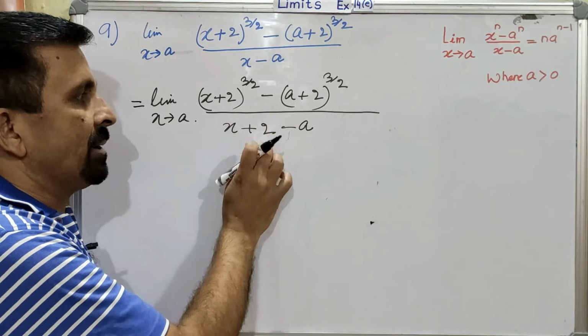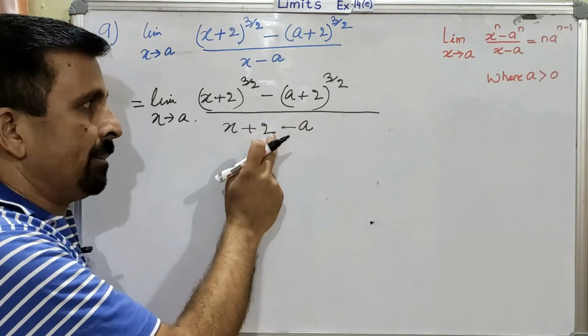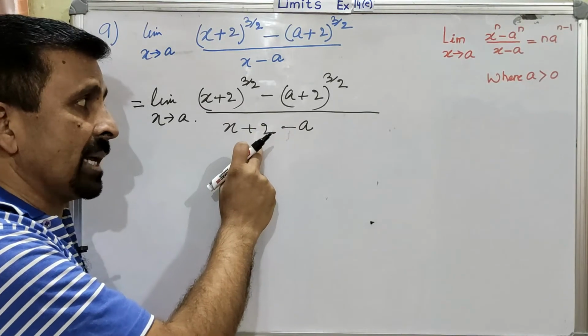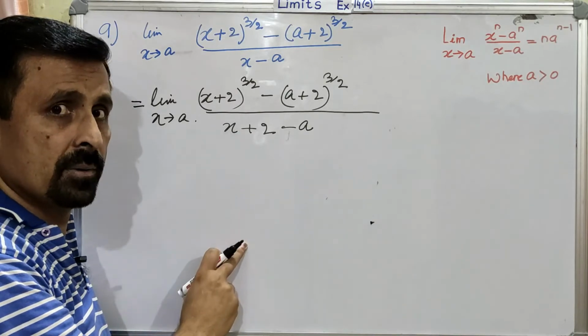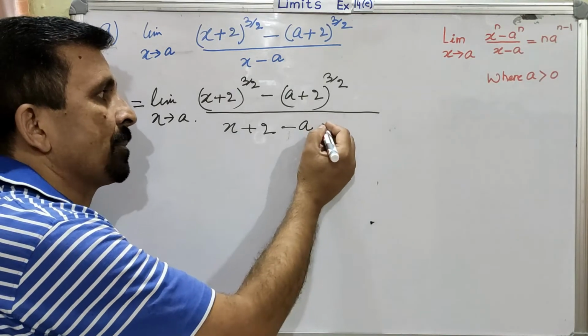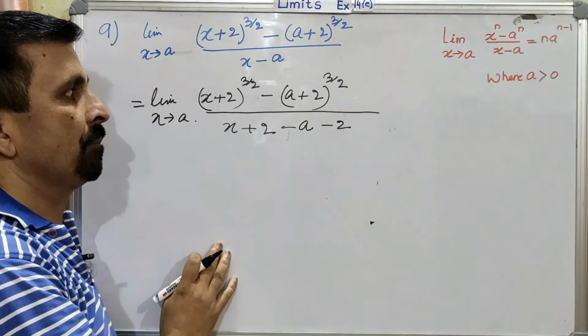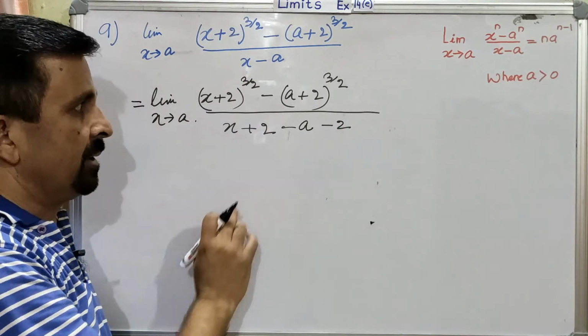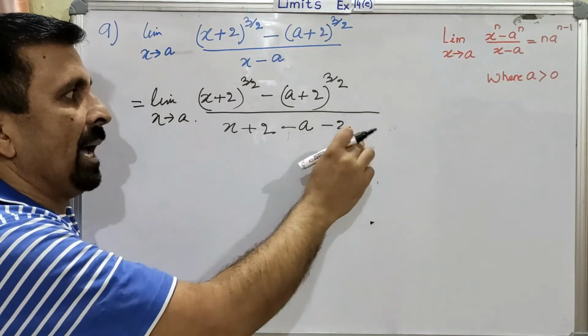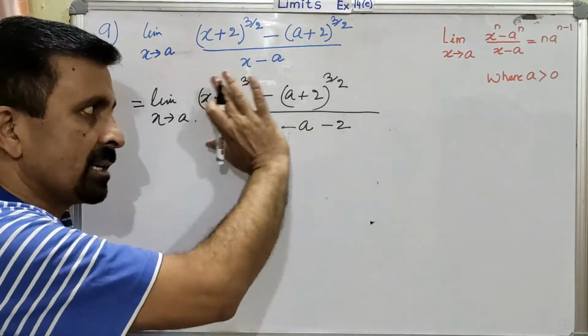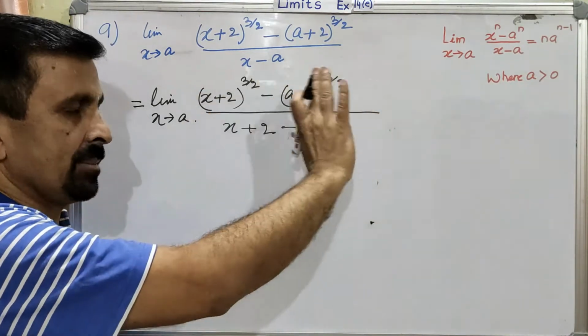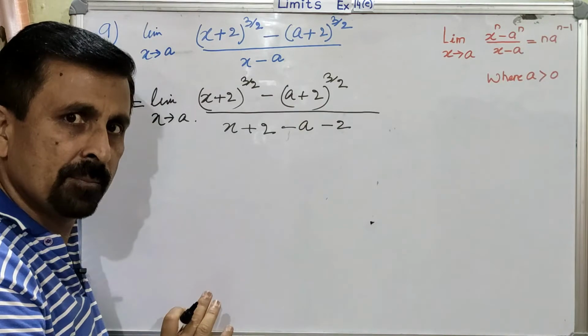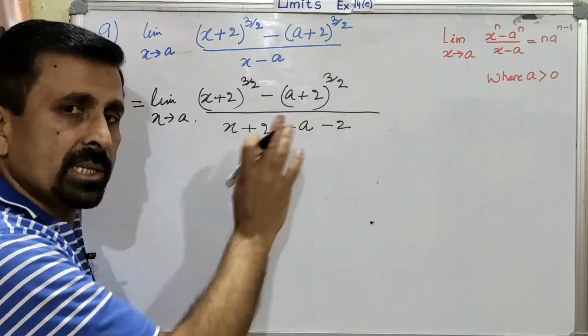Now I have introduced plus 2, which means at the same time I have to subtract the same number. So I am going to subtract 2. Is this okay or not? If I added plus 2 and also subtracted 2, I did not make any change in the quotient. The quotient remains as it is and I am allowed to do this.